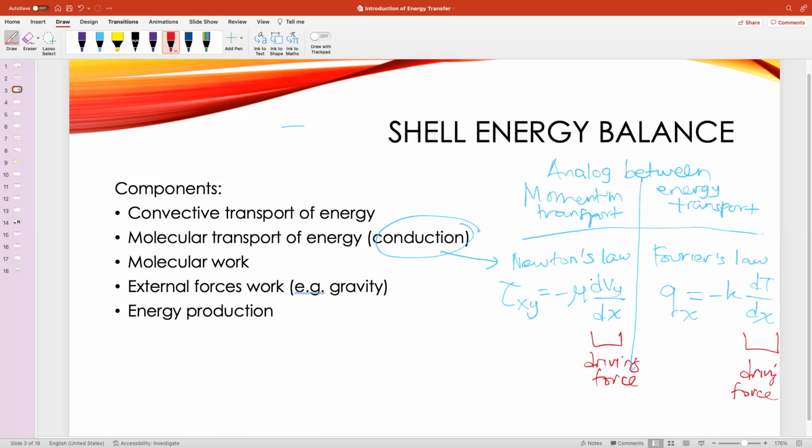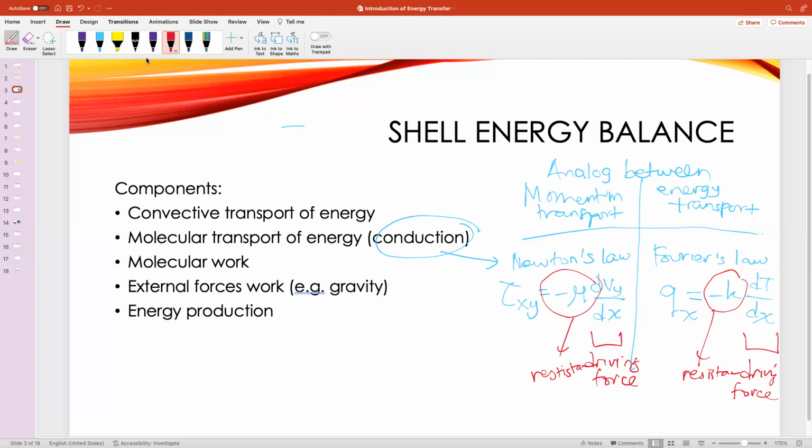And the second quantity is the resistance. If you have a higher viscosity, then you also have a higher shear stress. If you have a higher thermal conductivity, then you will also have a higher q, or heat flux.